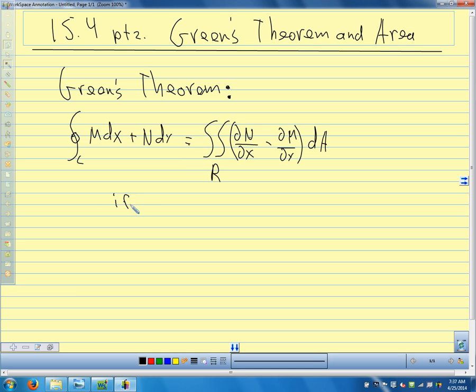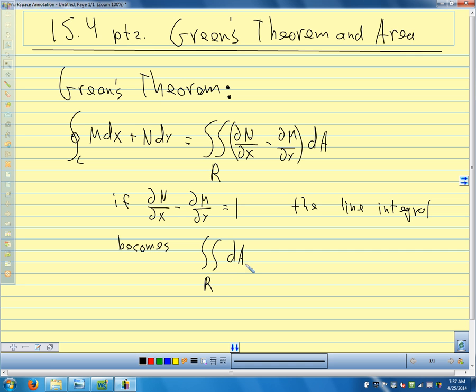If the partial of N with respect to x, this integrand, minus the partial of M with respect to y equals 1, then this line integral becomes a double integral over our region of dA. And the double integral over a region of dA is the area of our region.